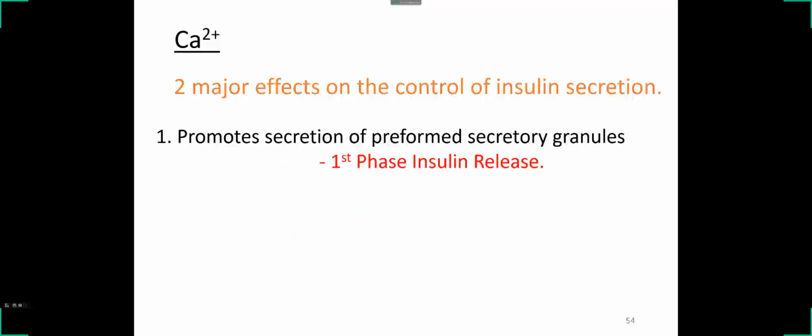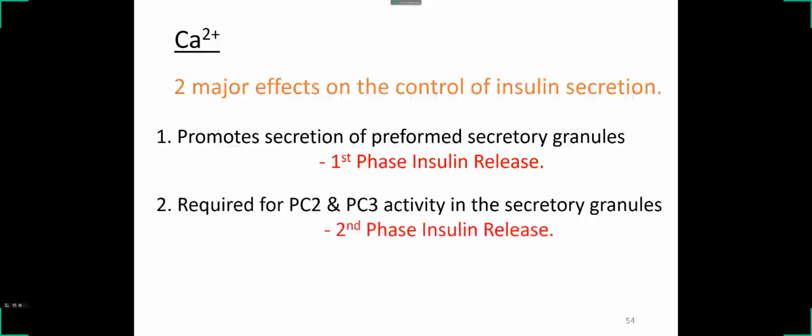So calcium has two major effects on the control of insulin secretion. The first is to promote secretion of these preformed secretory granules. It's the first phase of insulin release. It's that 5%. Secondly, calcium is required for those peptidases.